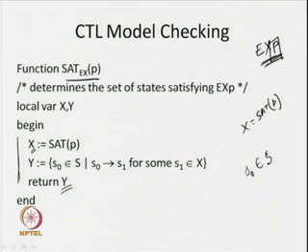Once you get this, we can collect the other states where EXP is true. We look for all such transitions where S1 must be a member of the set X, which is the set of states where the formula P is true. So, this is a very simple method.